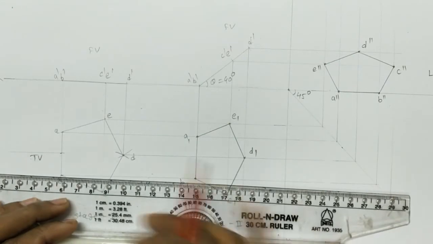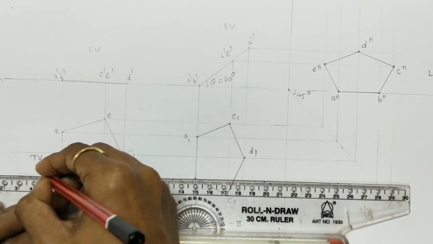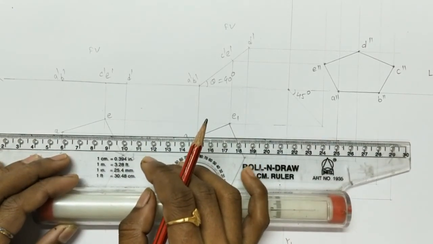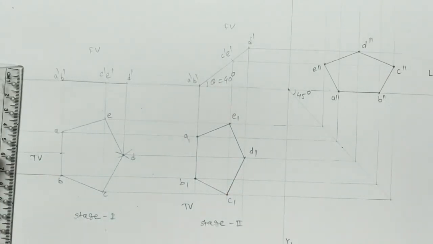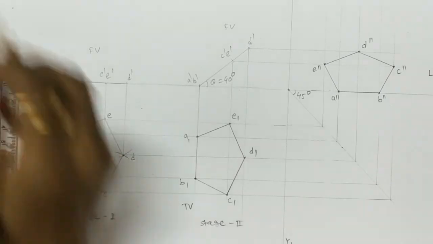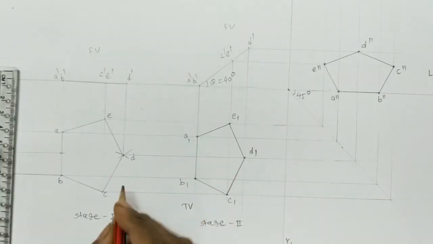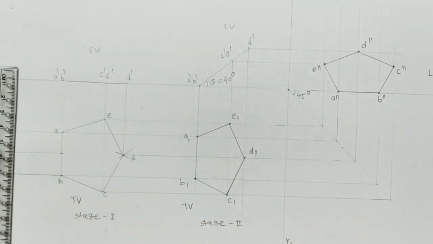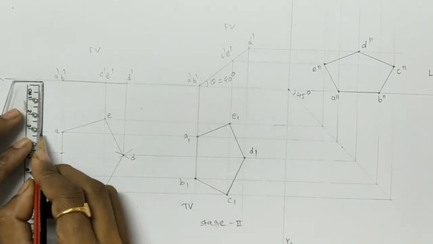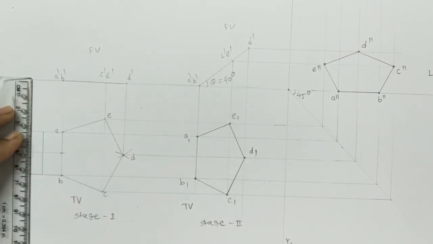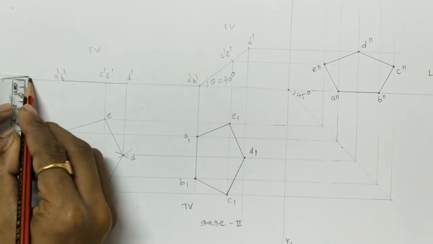So here 50 distance, and this side of the pentagon is 30 mm. So I will write here top view. So this is the top view like this, and show here 30 distance, that is the side, and then show this distance as 50.